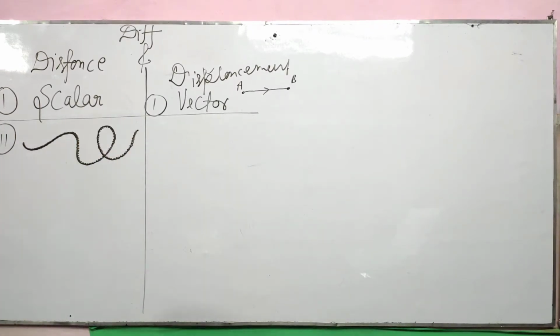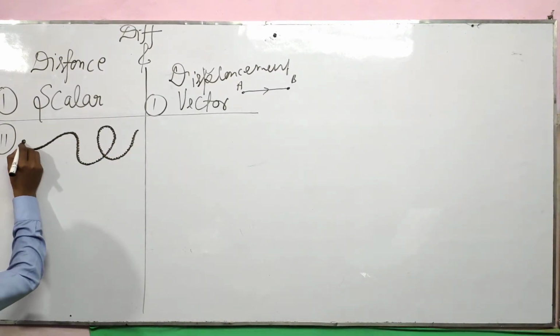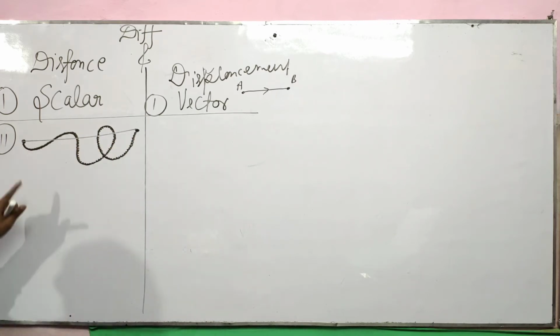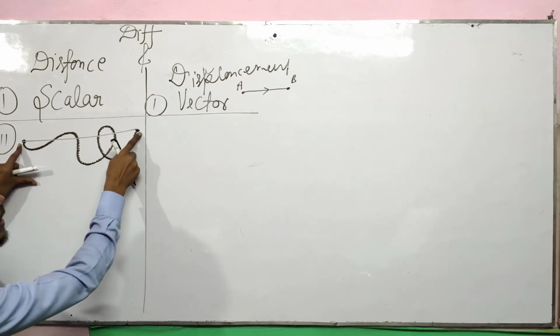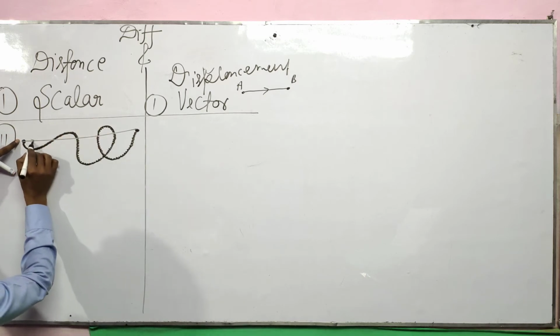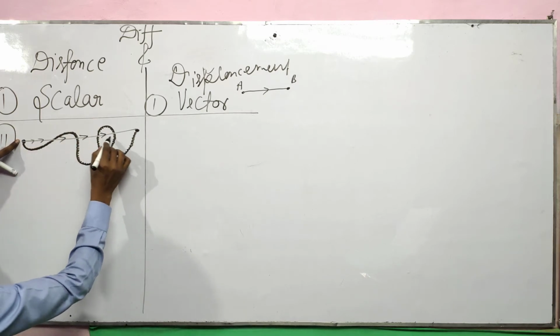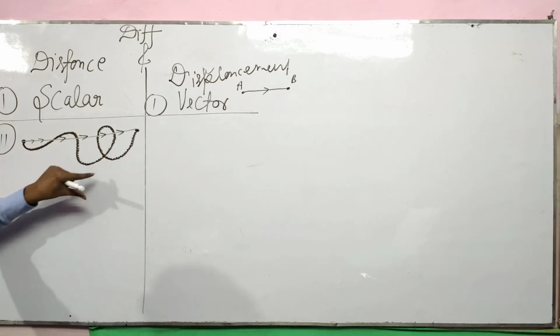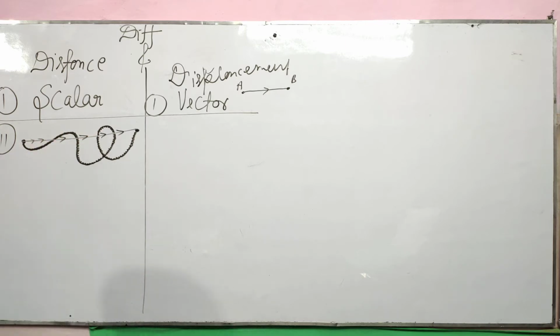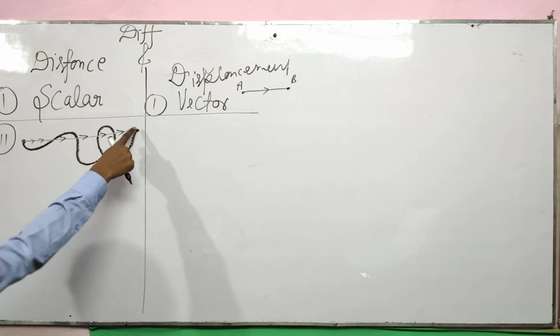And displacement is the shortest length from initial to final point. Only this is displacement, not the total. It is the shortest length, minimum distance from initial point to final point.